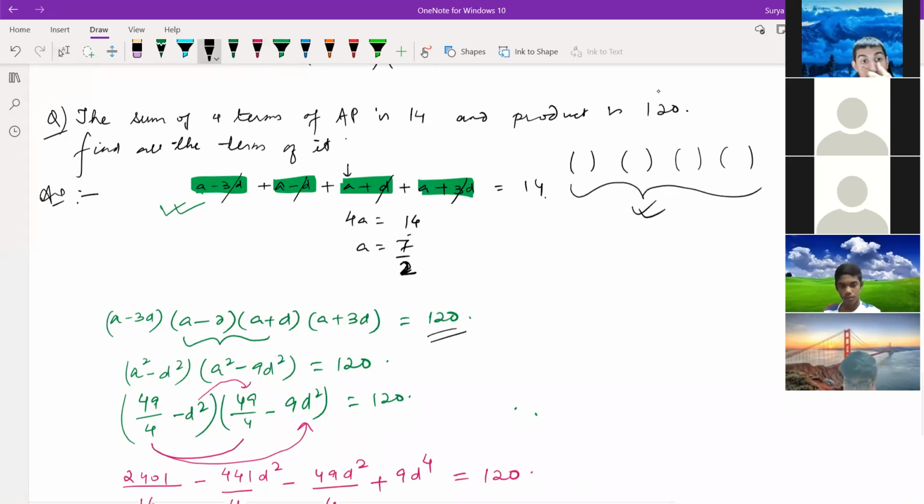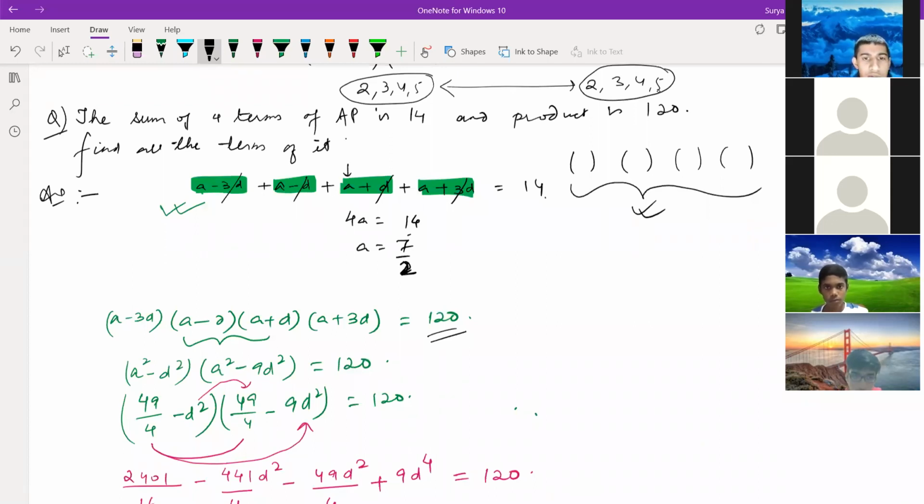Check. This sum and product is 2, 3, 4, 5. You are taking the same thing. Just check. You should get like this: 2, 3, 4, 5.